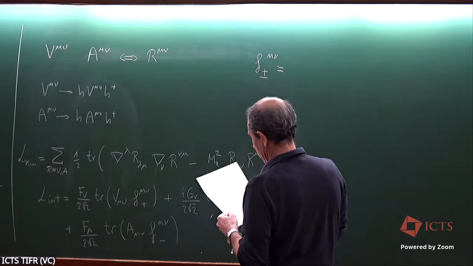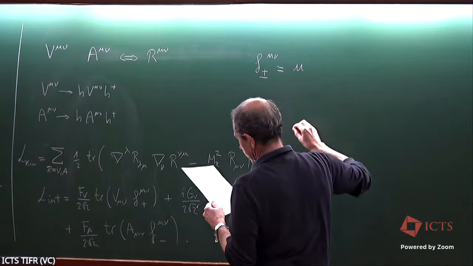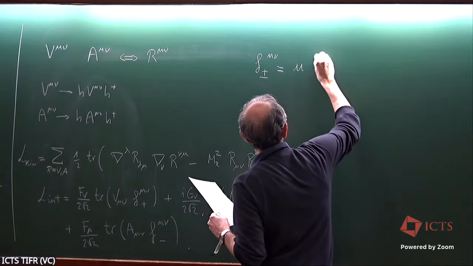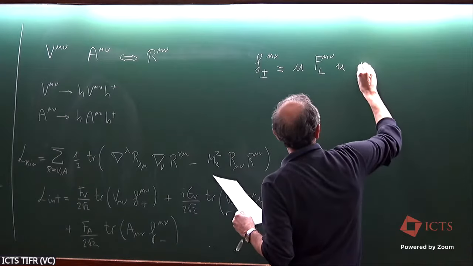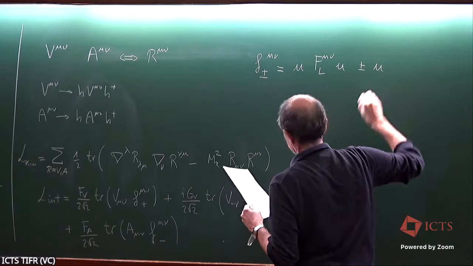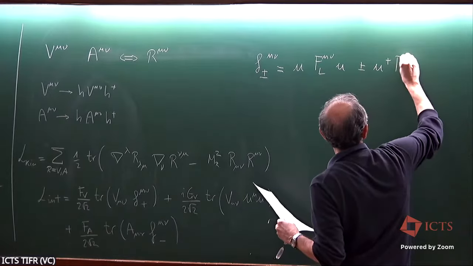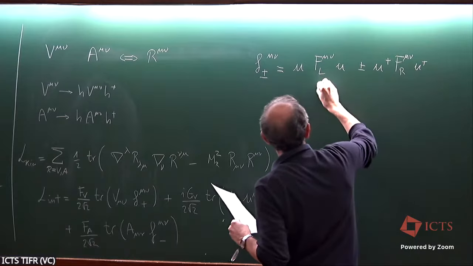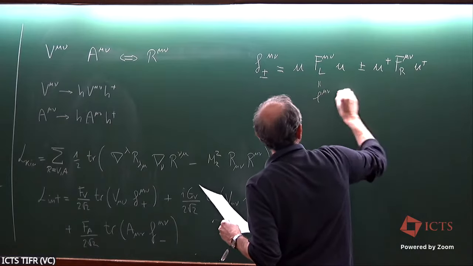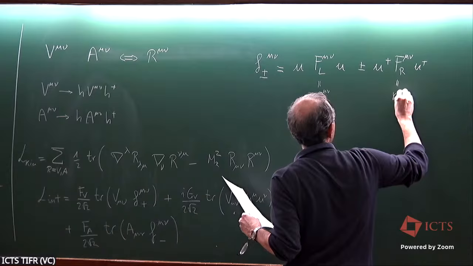So it will be U, and sometimes I call them L mu nu. So these are really the external field, okay?